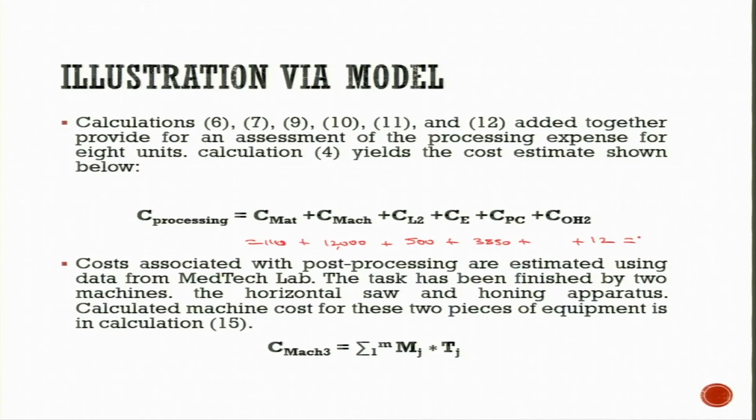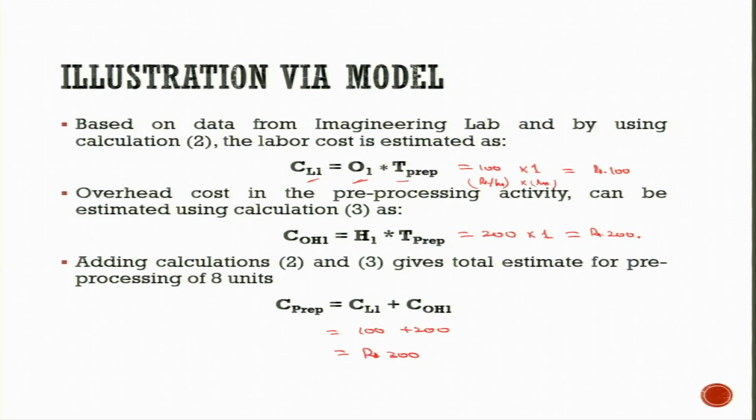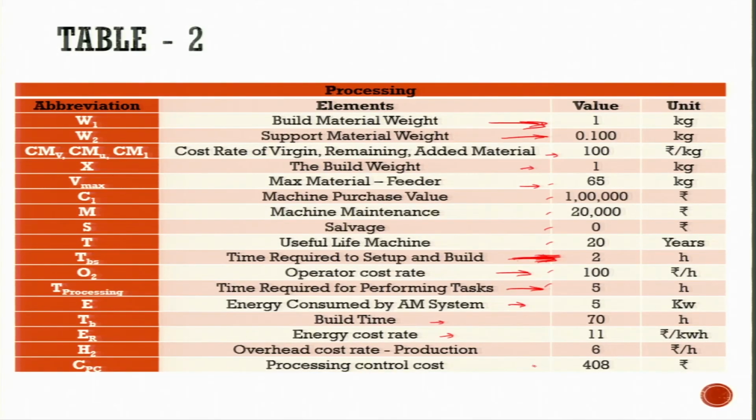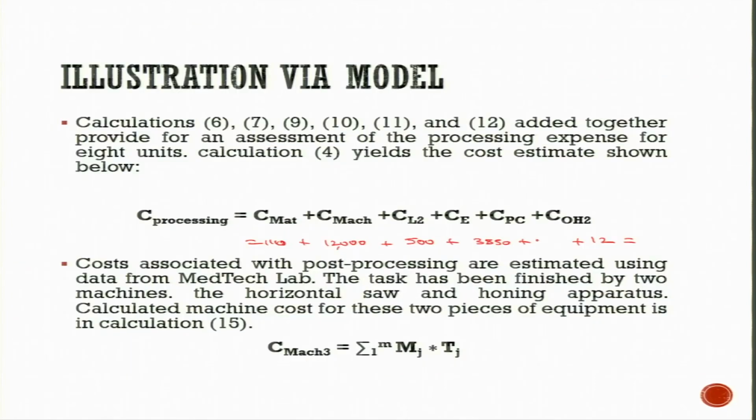So, C for the process control, that is the in situ control or the running machine control, that is given here rupees 408 plus 408. This gives me the cost of the processing as 16880.